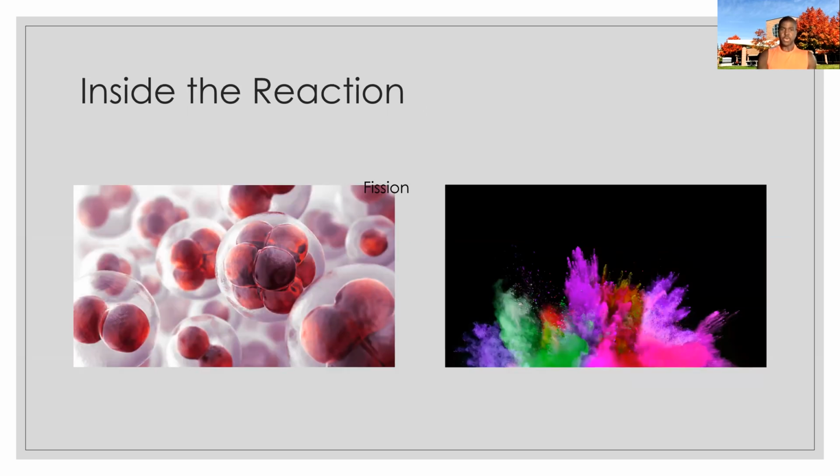Inside the reaction, think of it as a 2-step process. We have fission, where these little atoms and molecules, elements break apart and divide. And then you have fusion, where the particles or little nuclei that are out there in the universe find a way to combine, and when they react, combine together.